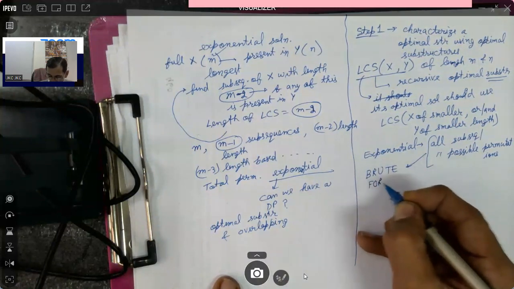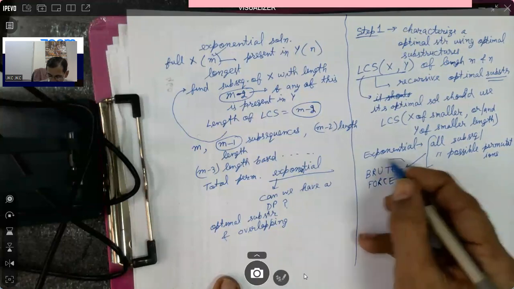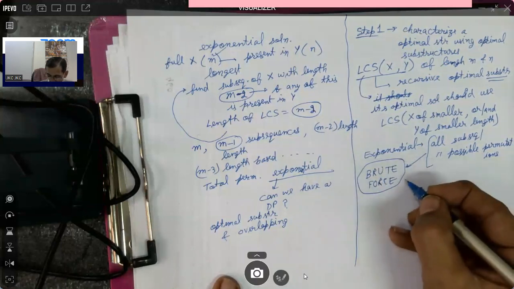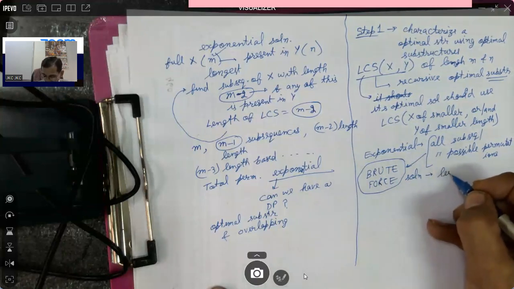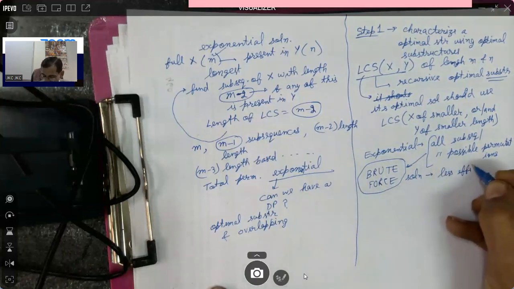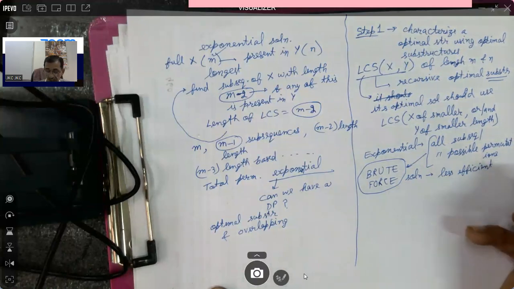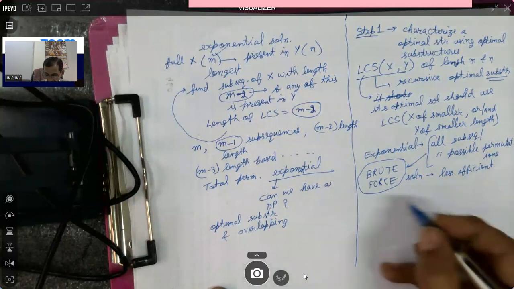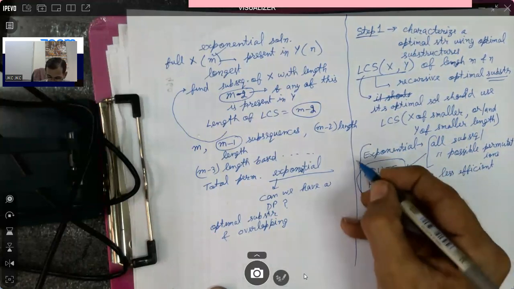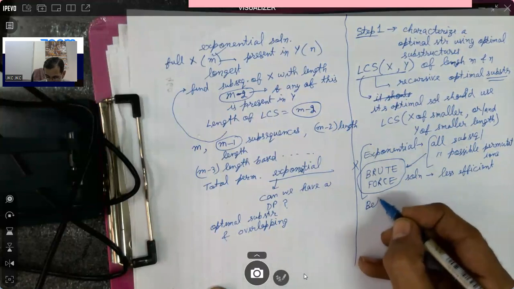This word you will find in a lot of places. Such a solution is never efficient, very less efficient, but yes, it works. And it is the first logic which comes to our mind by considering all permutations, combinations probably. But of course, not desirable. So we want a better solution.